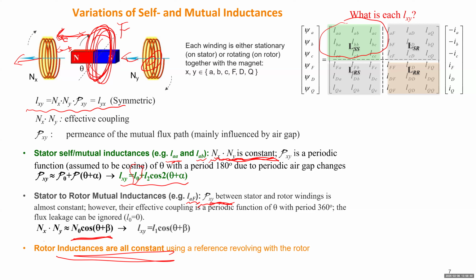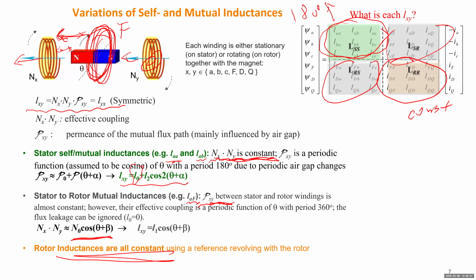So this is just a quick analysis of how those L can change with theta. The conclusion is that everything here is constant, okay? Anything in the green box will change with a period of 180 degrees.